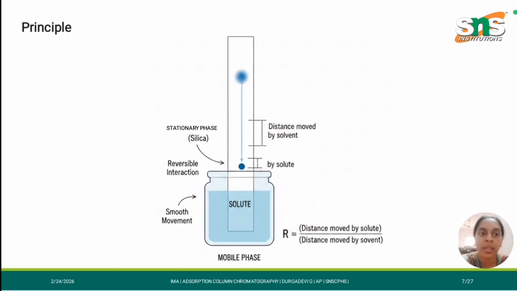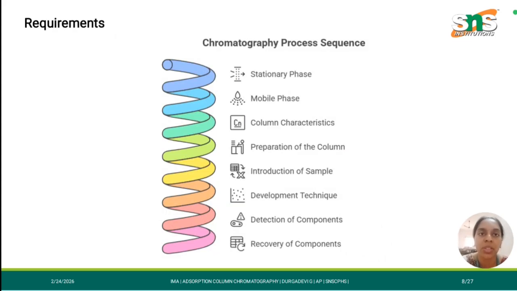You can see the mobile phase is kept inside a chamber, and the stationary phase is kept immersed in that mobile phase. With the help of the mobile phase, the sample spot moves against gravity, and the distance moved by the solute is measured. With the help of Rf values we can determine and identify the unknown compounds present in our mixtures.